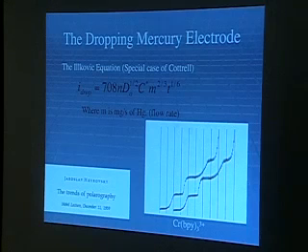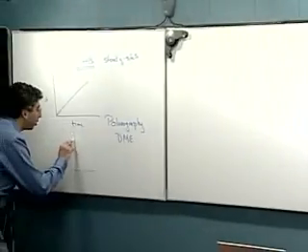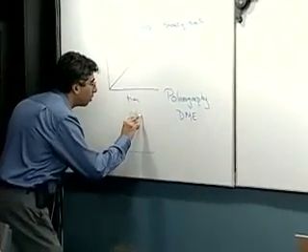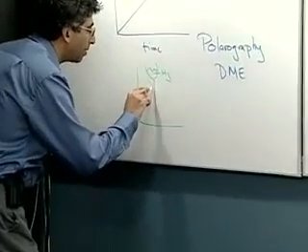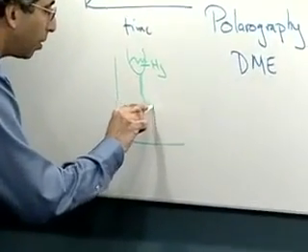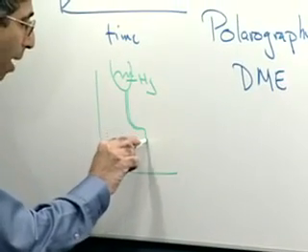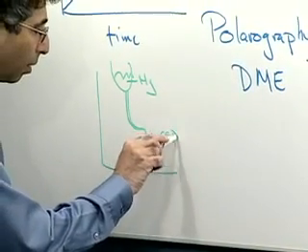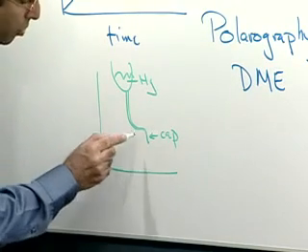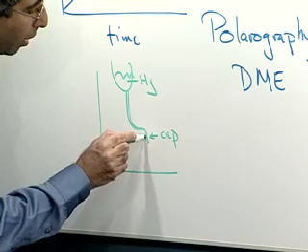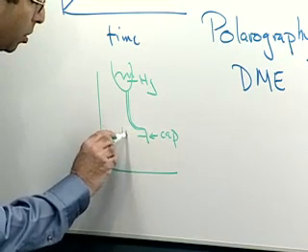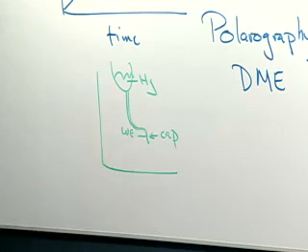And then how do you make a dropping mercury electrode? The way he made it, and the way it was made for a long time, and still is really today, I guess, is you simply take a reservoir of mercury and pass it down a tube into a capillary. Then you have a little wire going into that capillary, which connects to your potentiostat, so you have a working electrode.